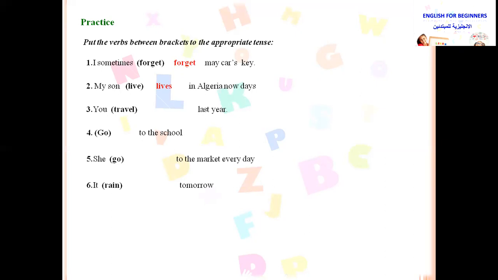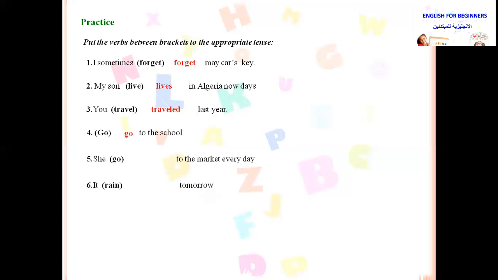You traveled last year. Last year, so it's the past. You traveled last year. Go to the school. Here it's an instruction, it could be an order. Go to school directly.